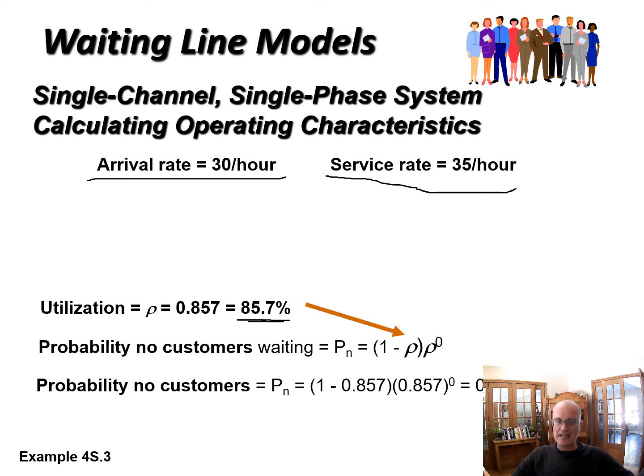So the utilization is 1 minus the probability that there is nobody in the system. Utilization says, what's the probability that we are going to have someone in the system and that we're going to be busy? The higher it is, the less idle time we have. The higher it is, though, the more likely we are to have a line. And so those are the trade-offs that we need to think about.